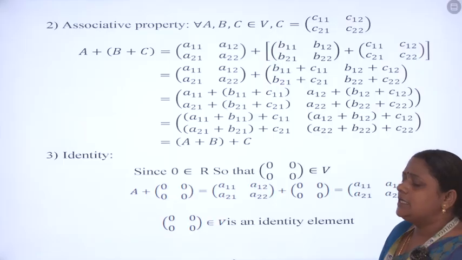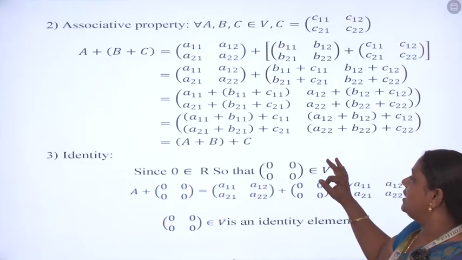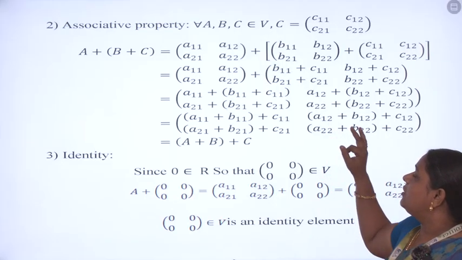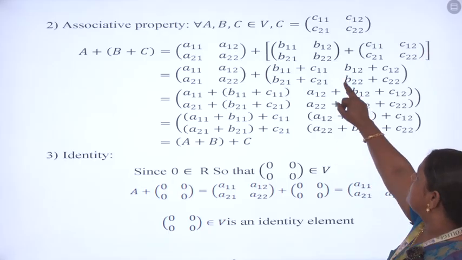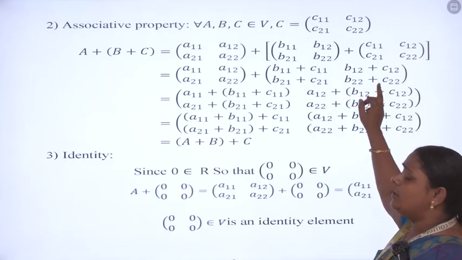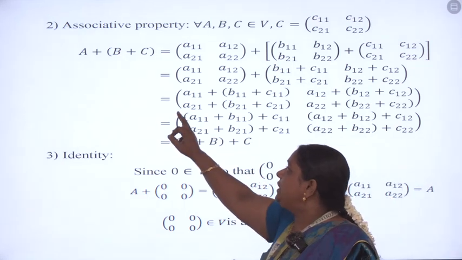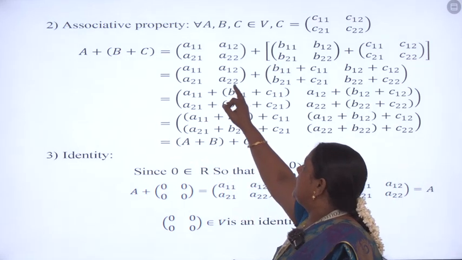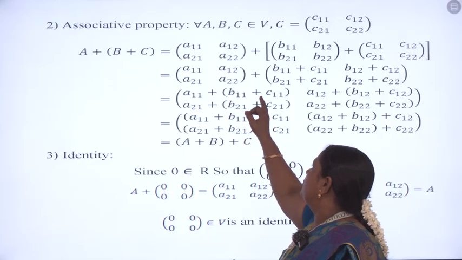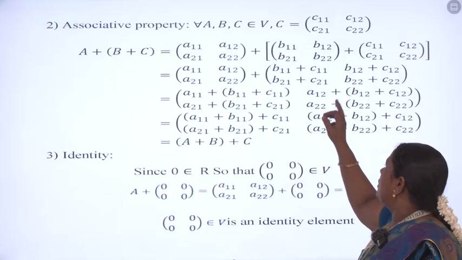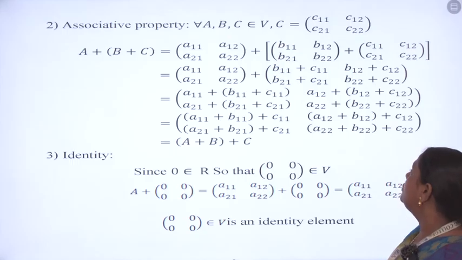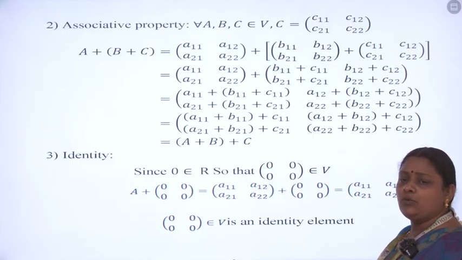Second property, associative property. Here we are considering three matrices A, B, C belongs to V. C is nothing but [c11, c12; c21, c22]. Then consider A plus (B plus C). A matrix is [a11, a12; a21, a22] plus B matrix [b11, b12; b21, b22] plus C matrix [c11, c12; c21, c22].